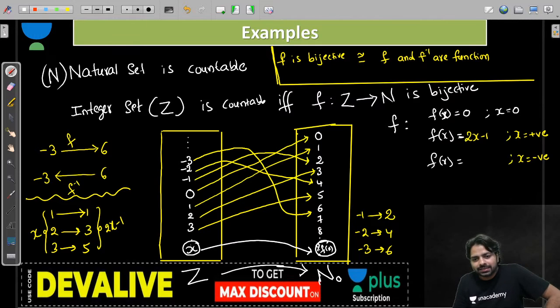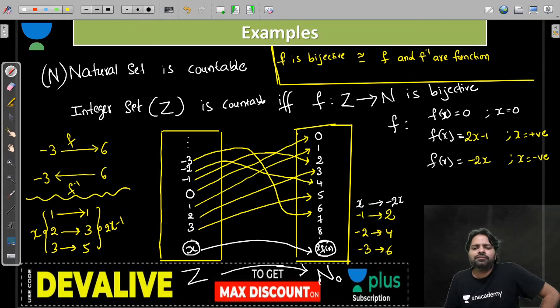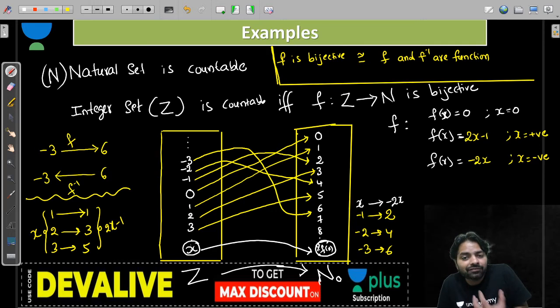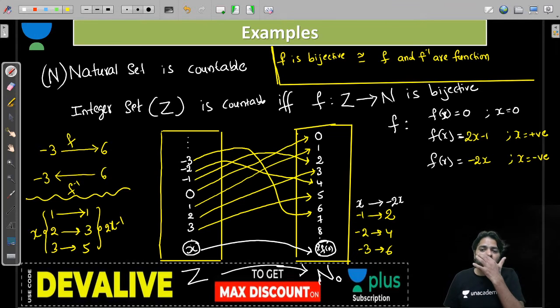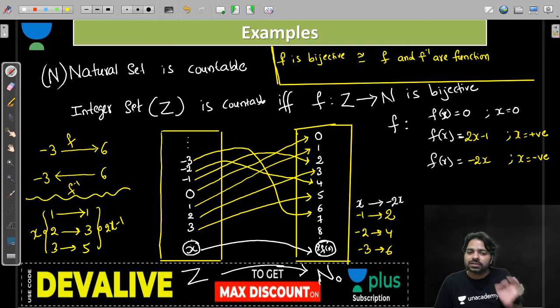If this is x, then it is minus 2x. If f exists, no doubt we can also understand f inverse, because this function is already bijective. In a bijective function, f inverse always exists. F is invertible. You can say f has an inverse function because f is already bijective.